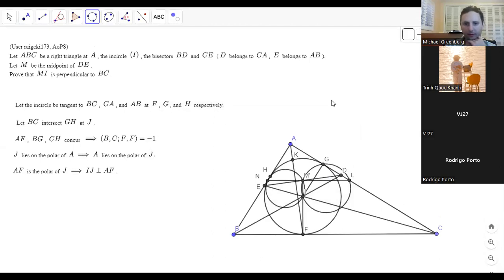Exterior angle bisector. So yeah, I don't think AM prime is the median of ABC, but it is the median of AEB, or we want to show that. So maybe that has something to do with it.